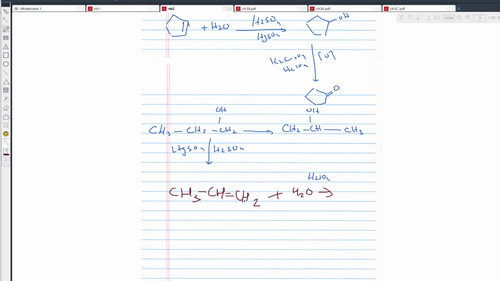That means the hydrogen would go to the carbon that has more hydrogens. What rule is that? Markovnikov's rule. So the major product is going to be CH3-CH(OH)-CH3.